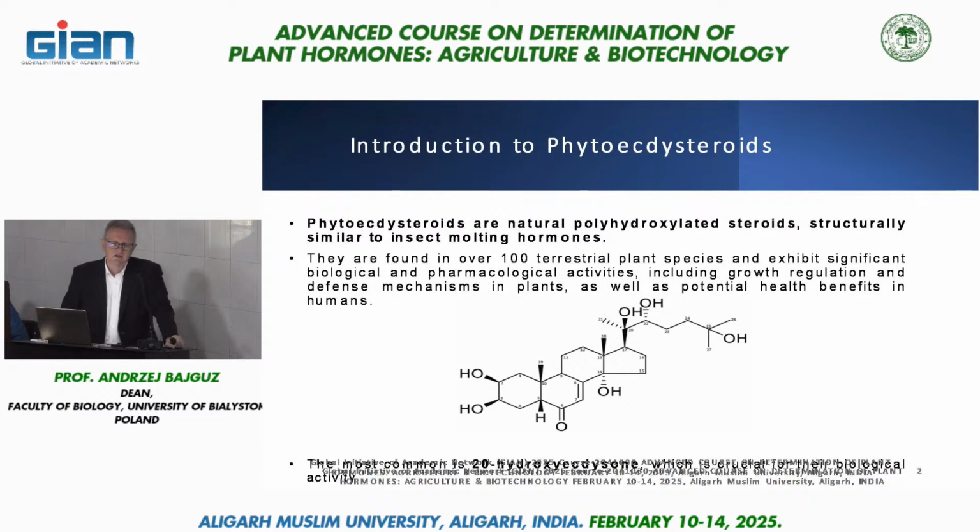They act as natural growth regulators and contribute to plant defense mechanisms, particularly against herbivorous insects. Interestingly, their importance isn't limited to plants alone. Studies have revealed potential pharmacological benefits in humans, making them an area of growing interest in medicine and biotechnology.